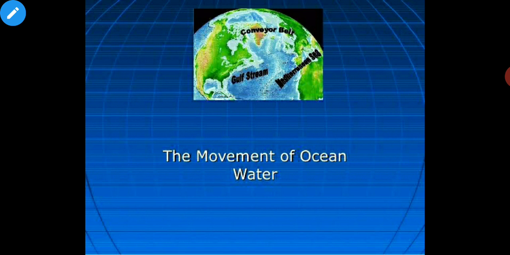Whenever we say current, there is movement of water, and when we say wave, there is no movement of water that takes place. That's the major difference between a current and a wave.